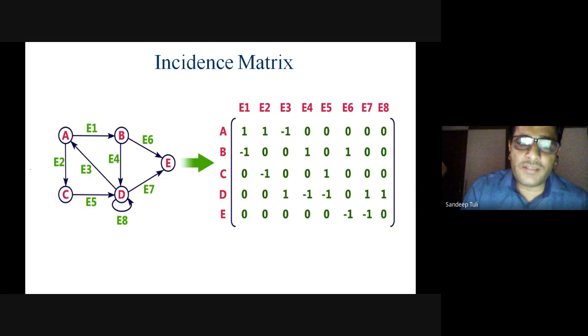But if it is outgoing, let us say E1 for A, it is 1. For outgoing, it will be 1, and for incoming, it will be -1, and otherwise it will be 0.